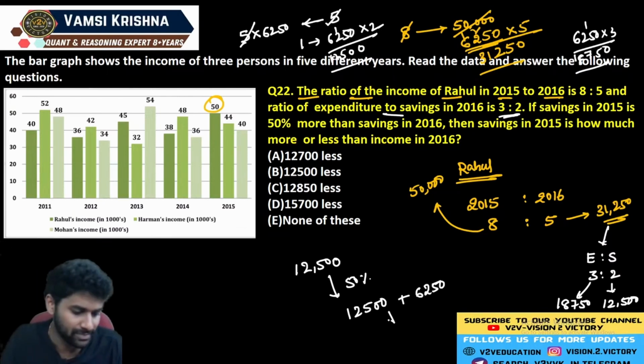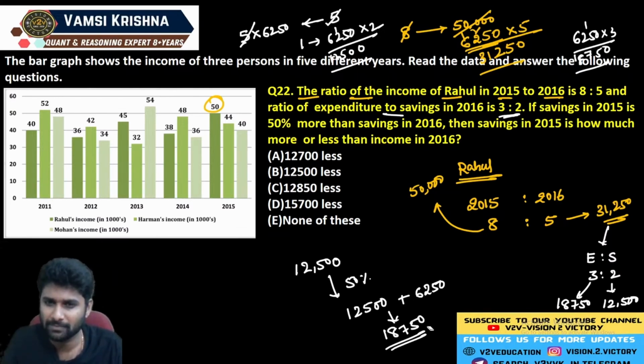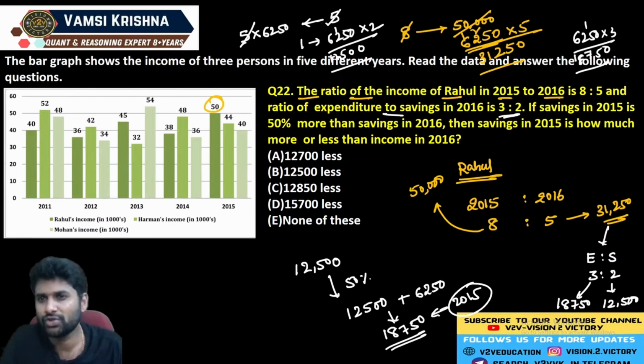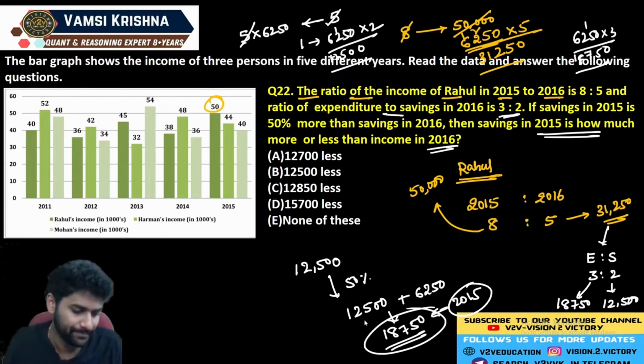Add these two numbers, and you will get the value 18,750. Another question: the savings of 2015 is how much more or less than the income of 2016? The savings of 2015 is 18,750.